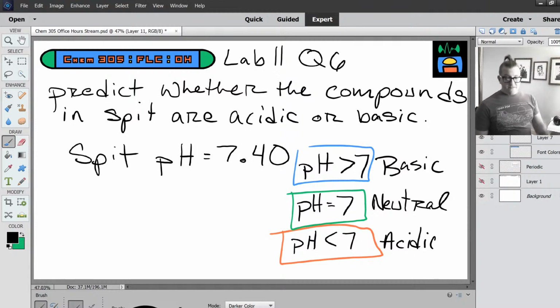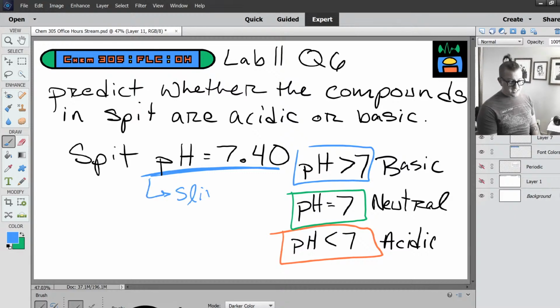So the fact that this pH is close to 7, pretty darn near neutral, but it is above 7, means this solution is slightly basic.